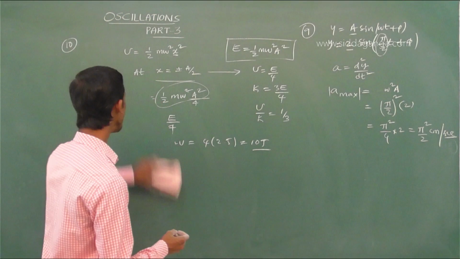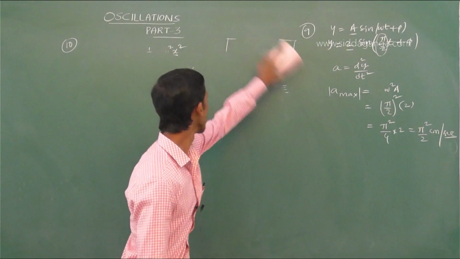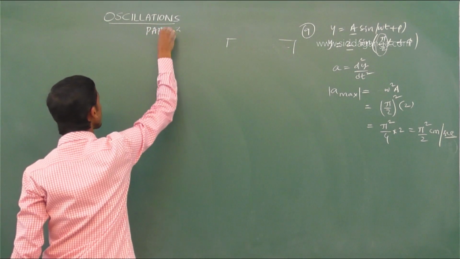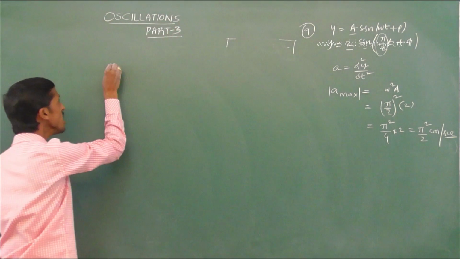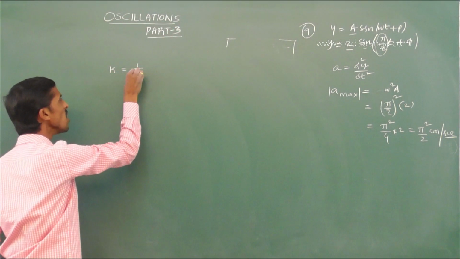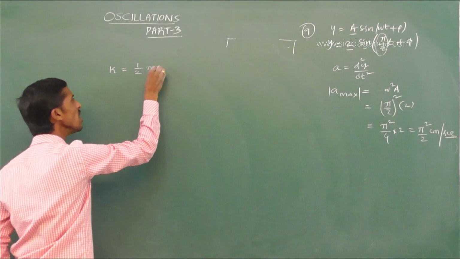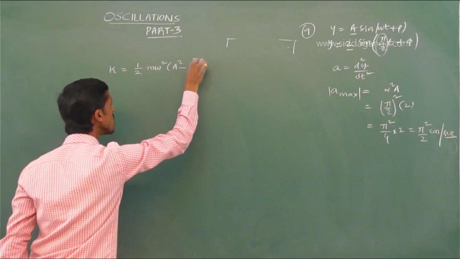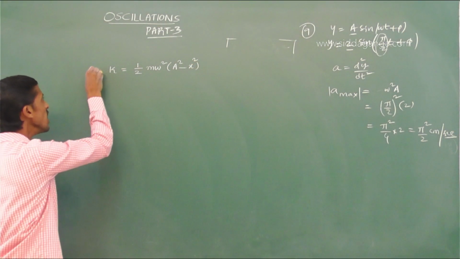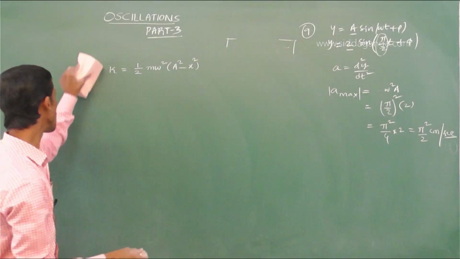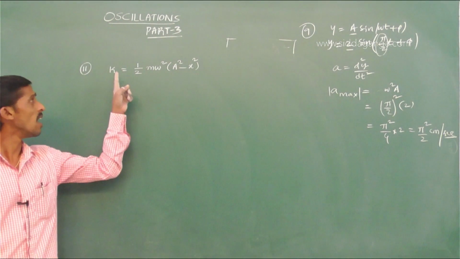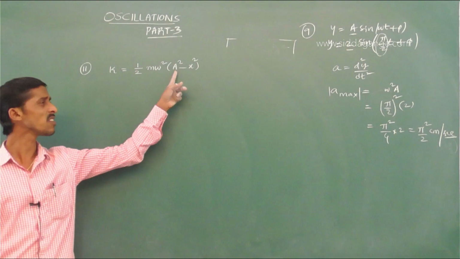The general formula for the kinetic energy of a particle in simple harmonic motion, in terms of position, question number 11, is half m omega square into a square minus x square.